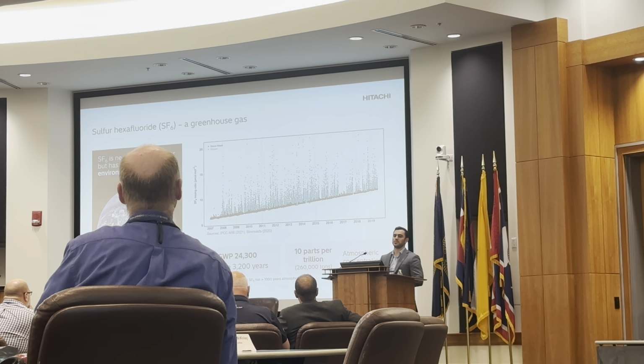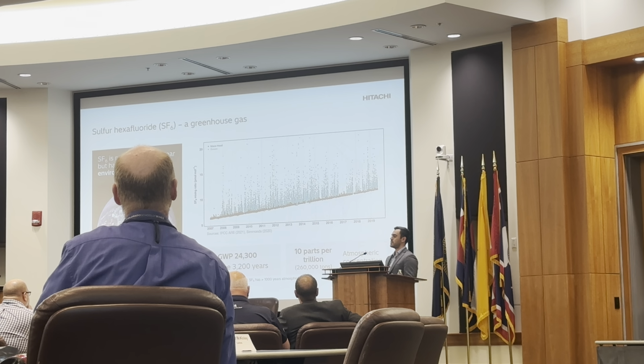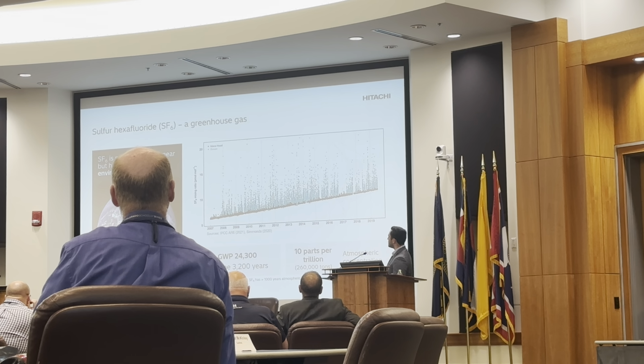But the only fault in this gas is the global warming potential. So this line right here demonstrates the SF6 in our environment, and because SF6 is in our environment for up to 3,200 years, this line's never going to decrease. This line in our lifetime, or the next one, or the one after, it's never going to pivot down. Right? So it's only going to keep going up.